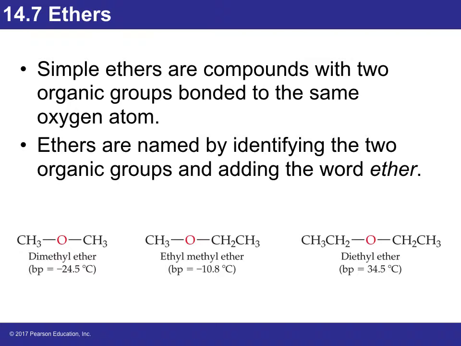I still need to follow the alphabetical order. E from ethyl goes before M for methyl, so it's an ethyl methyl ether. And on the right side, where I have two ethyl, so it's a diethyl, linked with an oxygen atom and a covalent bond, so it's a diethyl ether.